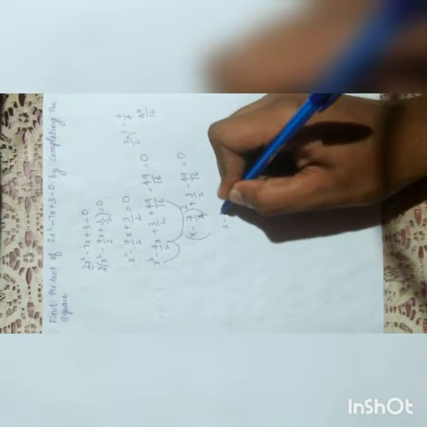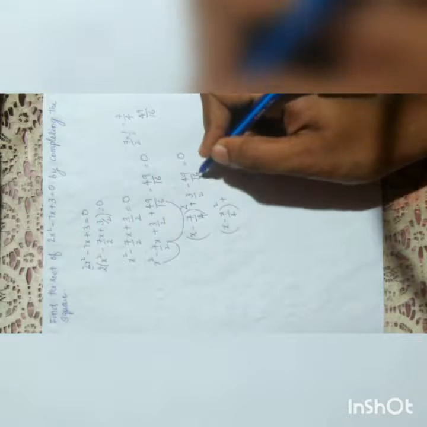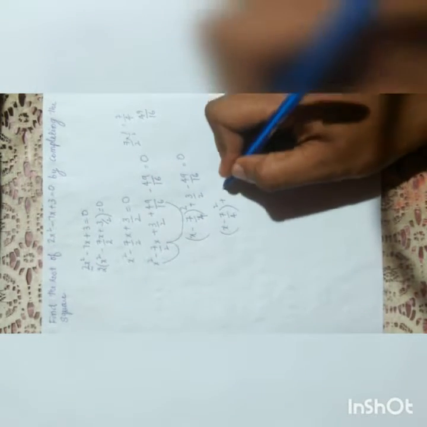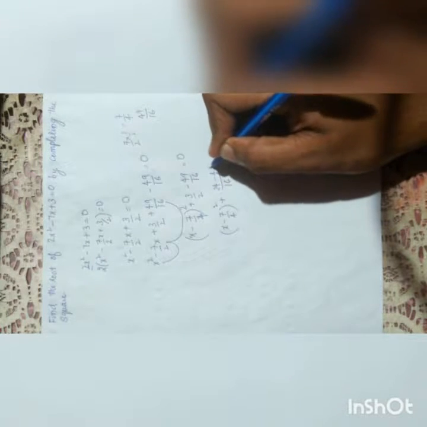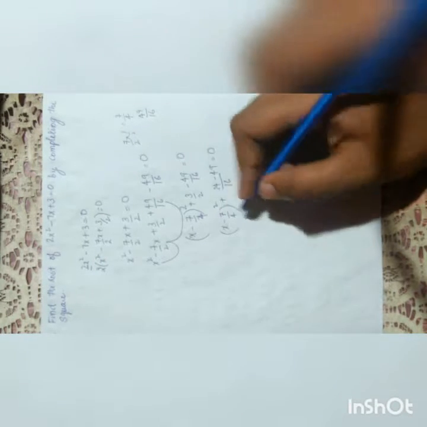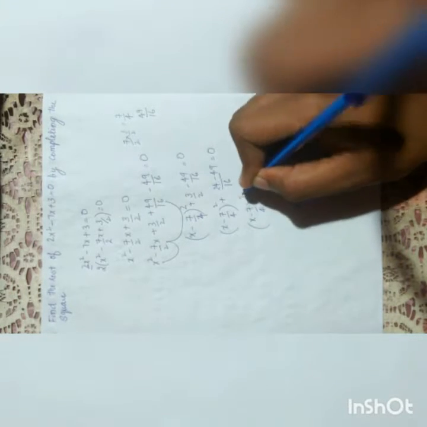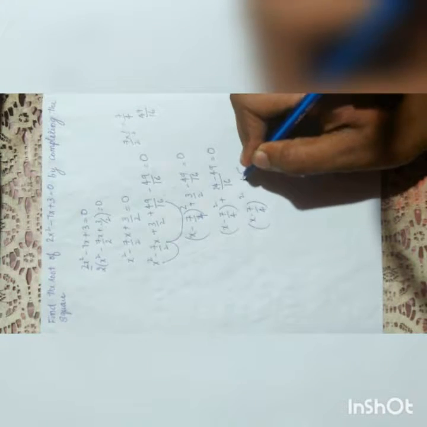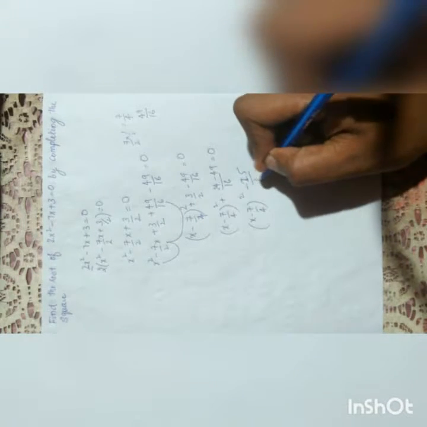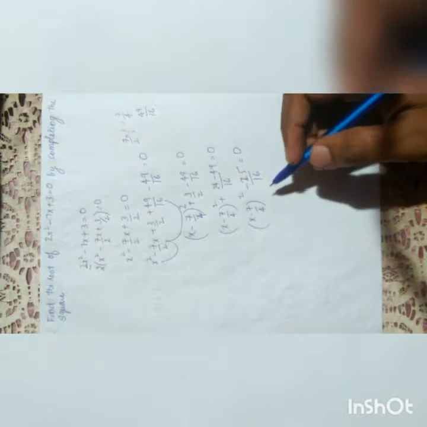Now we have this as (x − 7/4)² plus, now we can take the LCM of these two. So we have this as a quadratic equation.